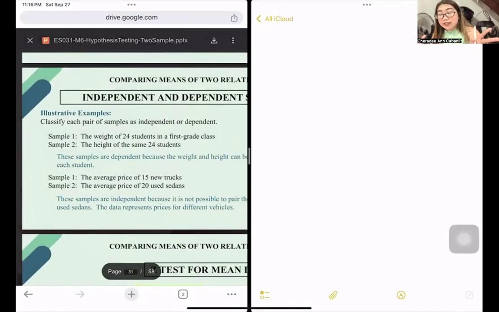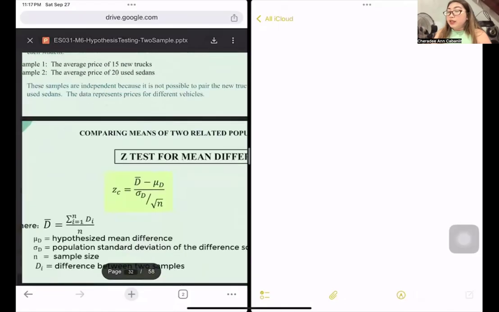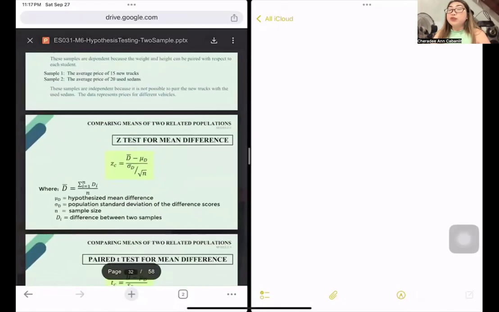So that's related data, no? Because it could be that my weight and my height will be compared. While the average price of 15 new trucks and the price of 20 sedans, it's entirely different from the trucks and the sedans. So you cannot, they're very independent from each other. So therefore, the test for mean difference is only for related data.